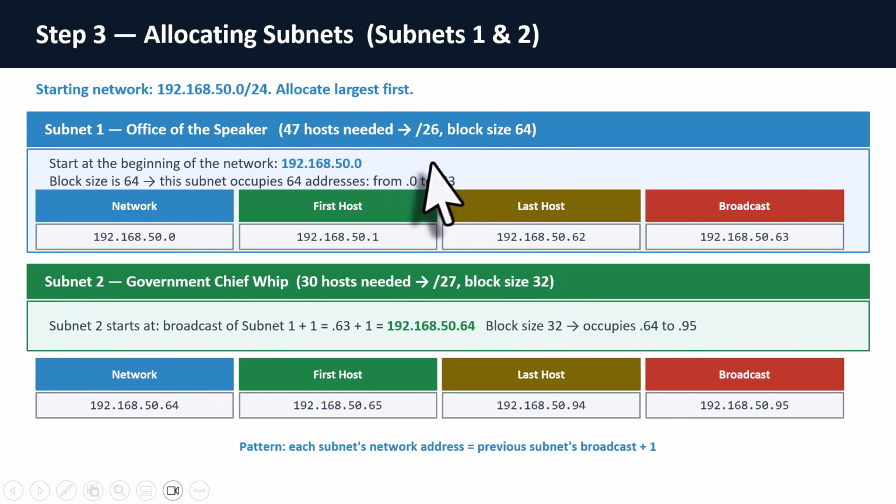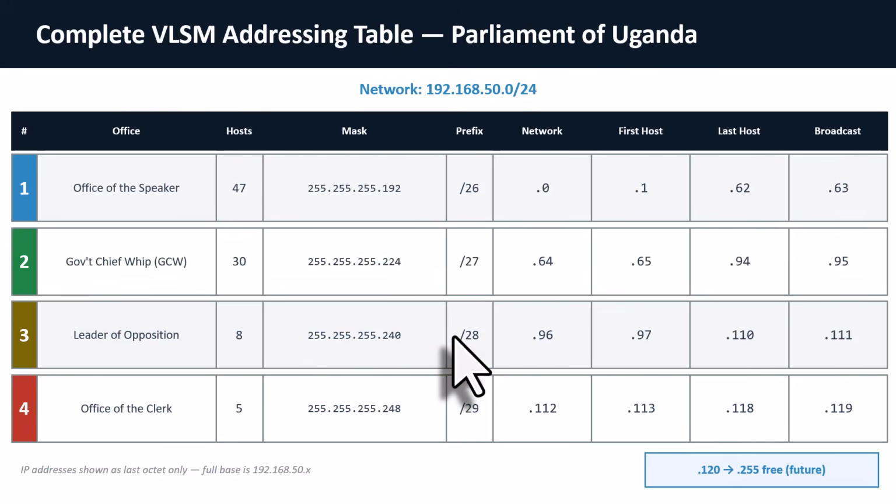Allocate the large network first, give it its network, find a network address, and then also allocate it as well. And then you are able to succeed in whatever you will be doing until you complete all of the networks. And this is the table that we have at the moment. As you're writing it, please ensure you don't write dot dot.